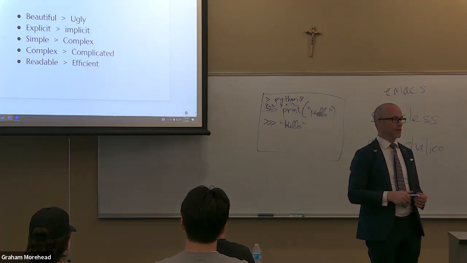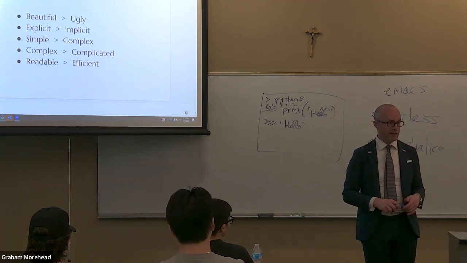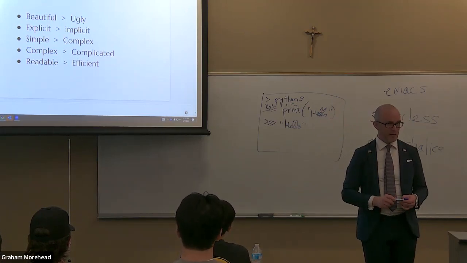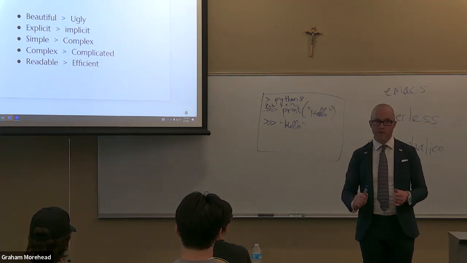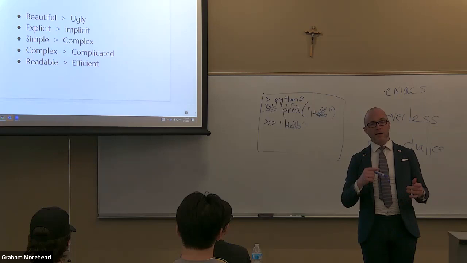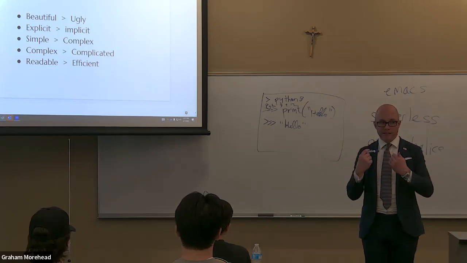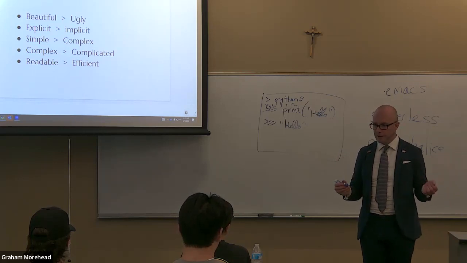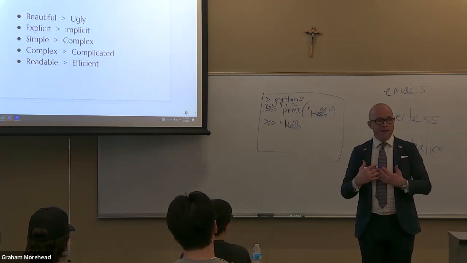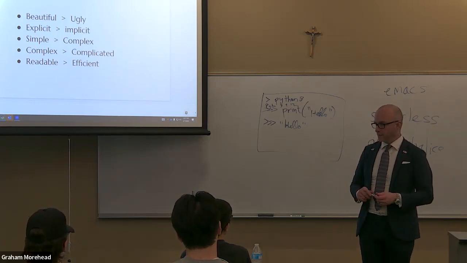Readable is more important than being efficient. This one's kind of my opinion. The reason I use Python is not to get the code that runs the fastest. If I want that, I'll probably use C. I want code that's easy for me to write and other people to write and read. I want code that maybe runs a little slower, but it's easier to update.